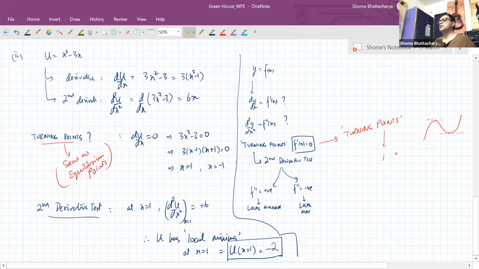There are points at which the slope is equal to 0. That is f prime x is equal to 0 for the function f of x. So this sort of point here is a turning point. This sort of point here is a turning point. Understood, na, Karan?